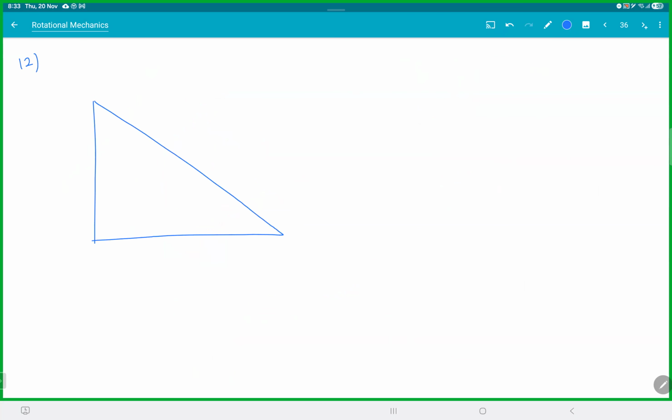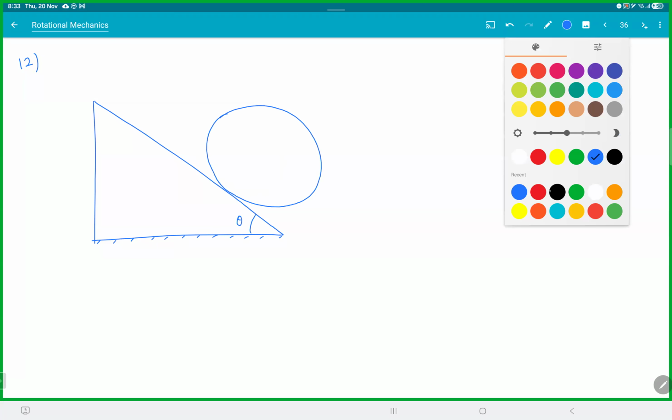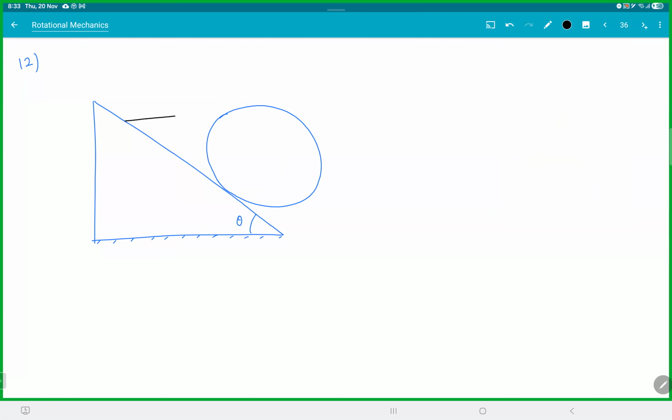Let's say we have an incline here. This angle is theta. We have a sphere here, and on top of the sphere there is a rod.